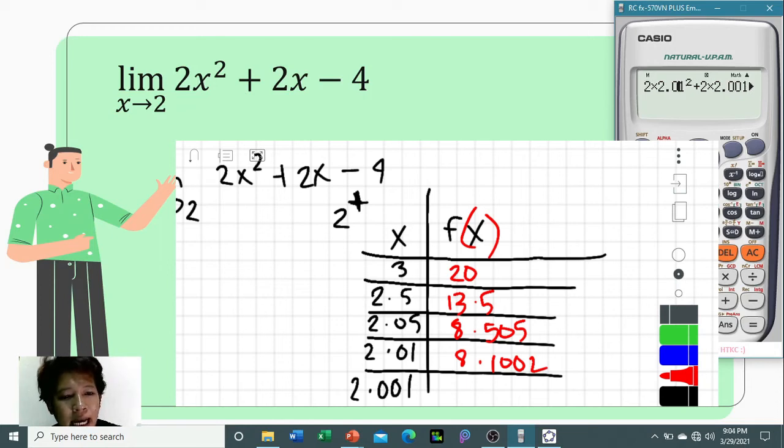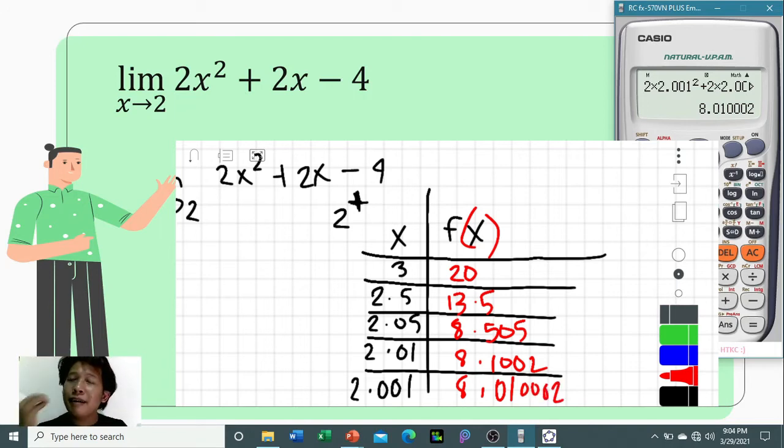So this would be the last. So that would be 8.010002. Okay, so from the right of 2, you can see here that the function value approaches 8.